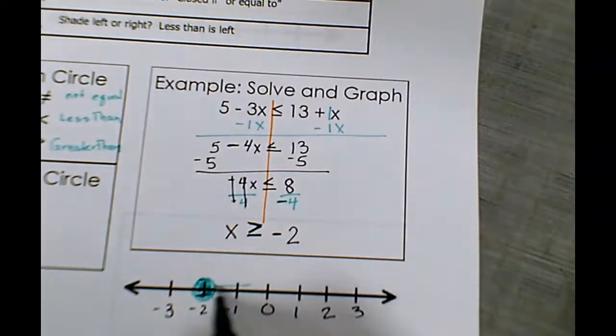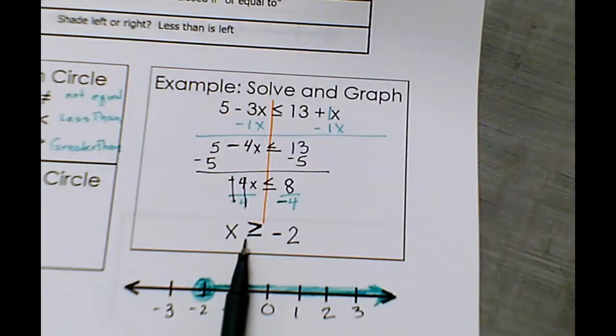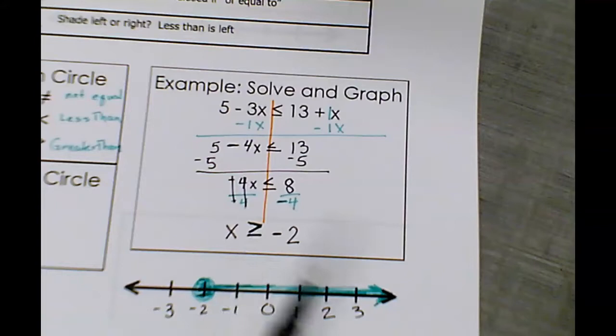We are going this way on the number line. All of these numbers on the number line would make my original inequality true. So we solved it. We circled the negative 2 on the number line. This is a closed circle because that's an or equals to, and we shade to the right because this is pointing to the right.